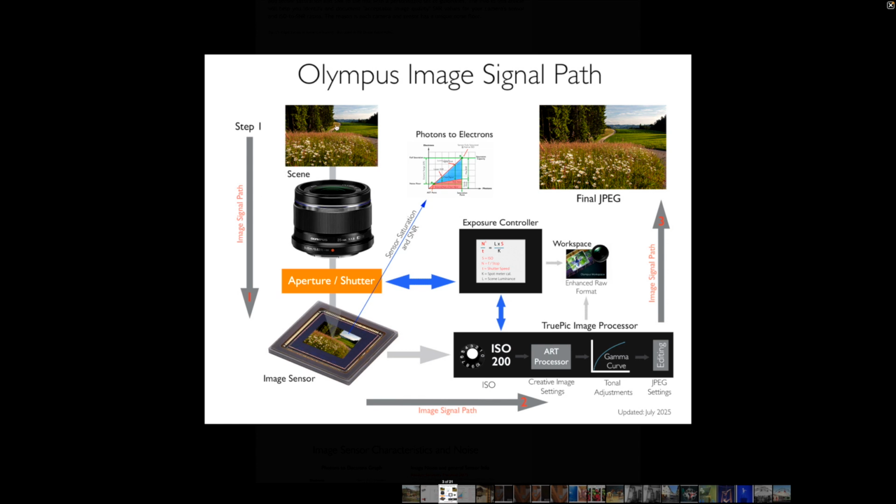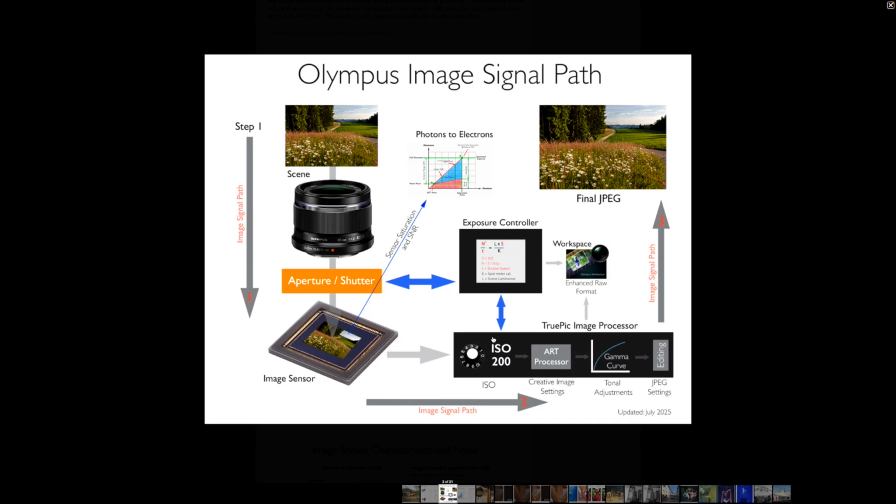Here you can see on the left the scene, and then the reflected light going through the lens, aperture and shutter, and then exposing the sensor. The sensor records the data and transfers it in either digital or analog format. In modern cameras like the OM-3 it would be digital, to the image processor.